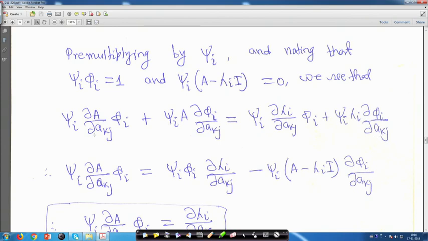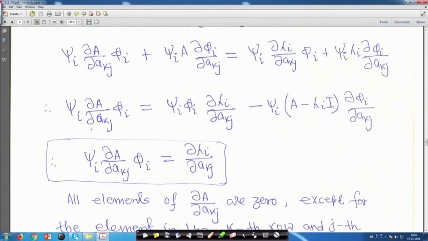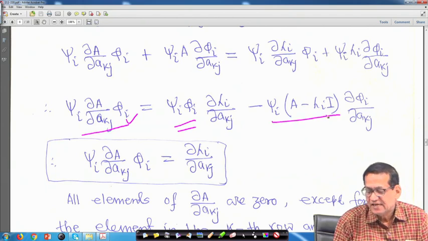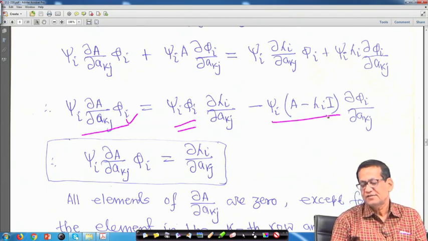Now, upon simplification you will get psi_i delta A upon delta a_kj phi_i is equal to psi_i phi_i delta lambda_i upon delta a_kj minus psi_i (A minus lambda_i I) delta phi_i upon delta a_kj, where I is the identity matrix.